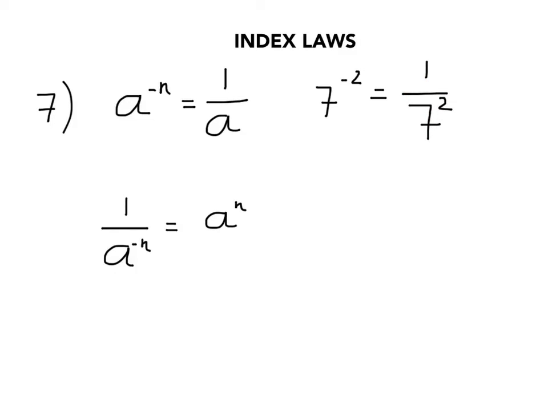And the opposite is also true, of course. So 1 over a to the power of minus n is equal to a to the power of n. So for example, 1 over 5 to the minus 3 is equal to 5 cubed.